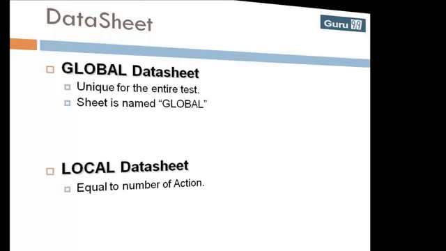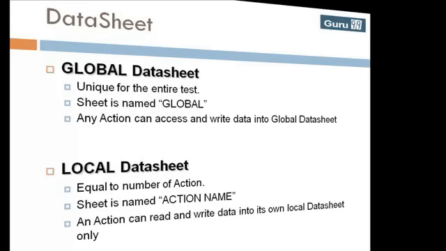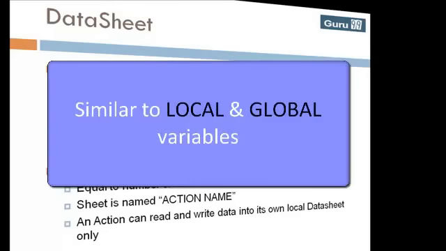Sheet name is global. Sheet name equals the action name. Any action can access and write data into global data sheet. An action can read and write data into its own local data sheet only, more like the concept of global and local variables in other programming languages.